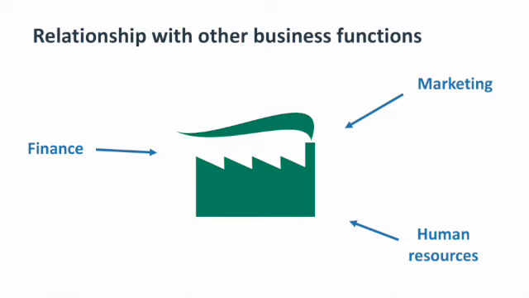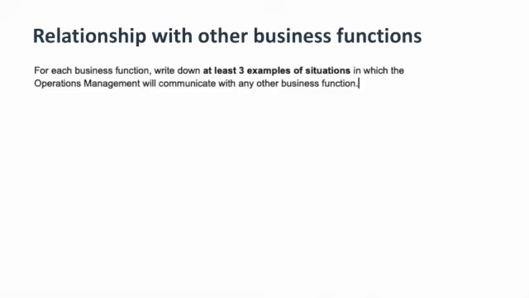So now this is a great opportunity to have an exercise out of that. I would like you to, for each business function of the three that we mentioned, so marketing, finance, and human resources, write down three examples of situations in which the operations management will communicate with that business function.